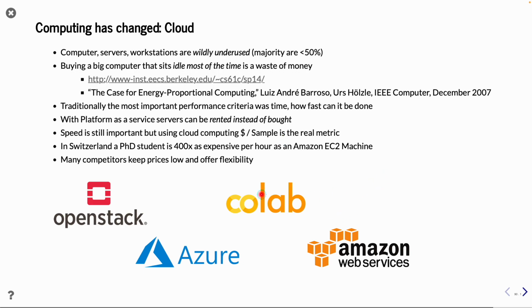So an example here, a PhD student is about 400 times more expensive per hour than buying in on one of these Amazon EC2 machines. So it's worth thinking about. And there are also many services. And I think we can even apply for time in the Swiss data center in Ticino. That's also an opportunity. But there you have to apply and have some proposal for getting the computing time.